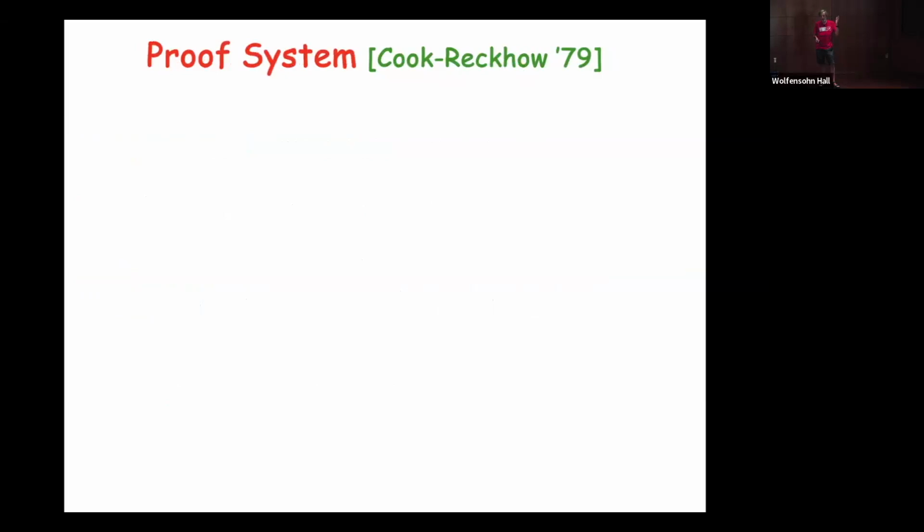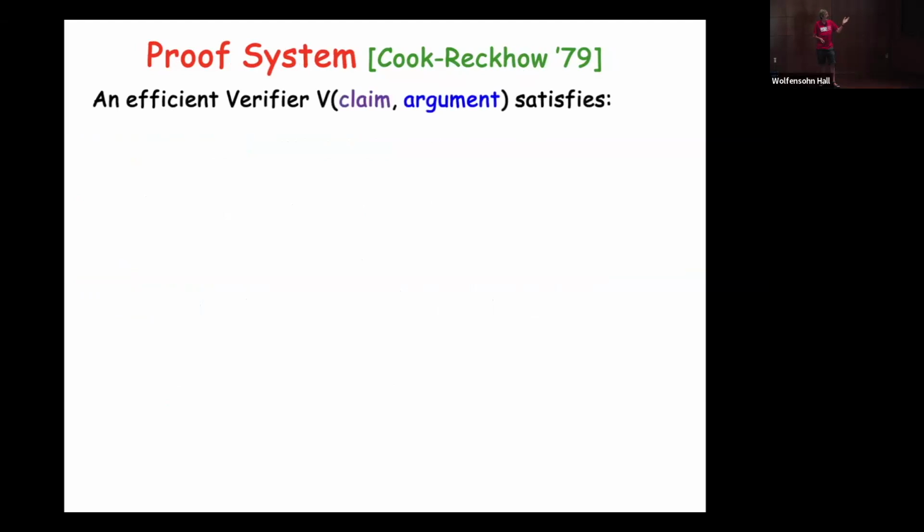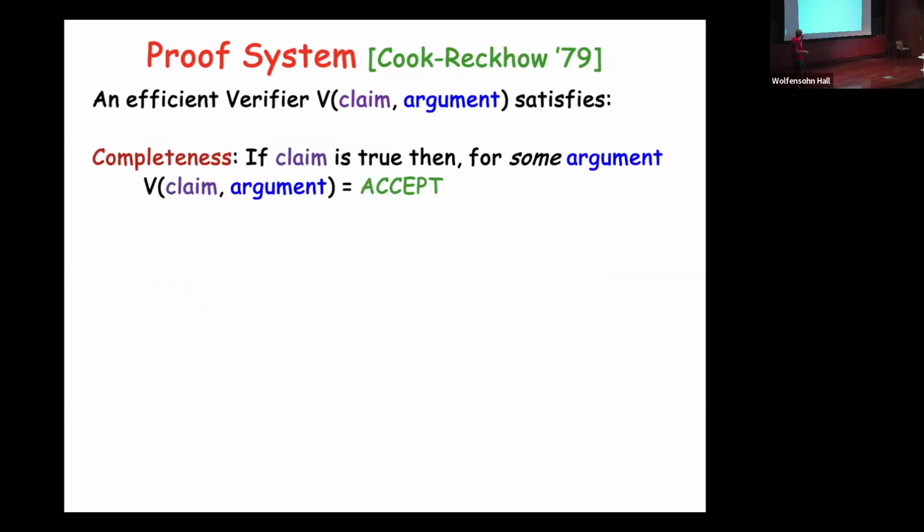So let's formalize this complexity theoretic view. This was done by Cook and Reckhow. And they just formalized what I said before. So let's say what a proof system is. A proof system is an algorithm, call it V for verifier, which takes two inputs. One is a claim, one is an argument. And it should satisfy these two conditions.